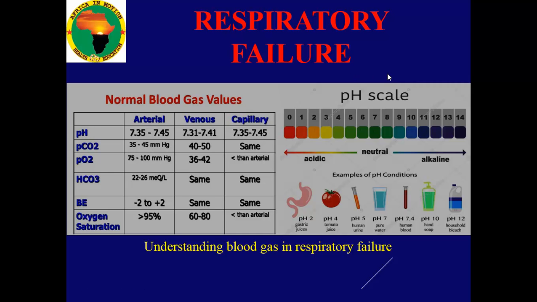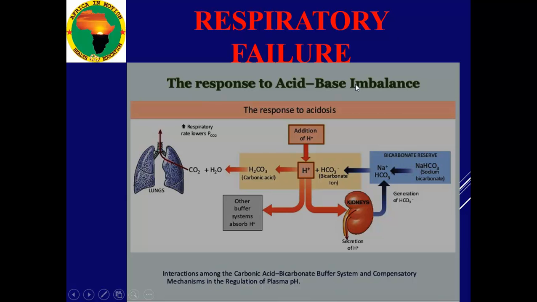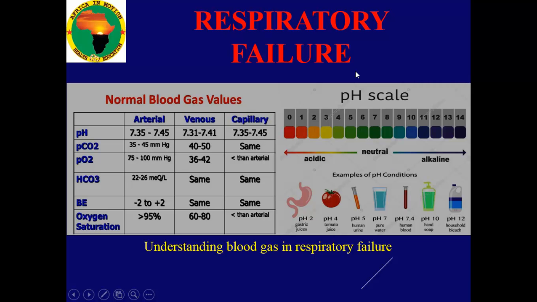For example, the water, which is just neutral, the clean water, the pH is 7. The more you move to the left side, the more the number becomes smaller, the more the acidity becomes stronger. For example, when you check the acid in the stomach, pH is 2. That's too acidic, a very strong acid.